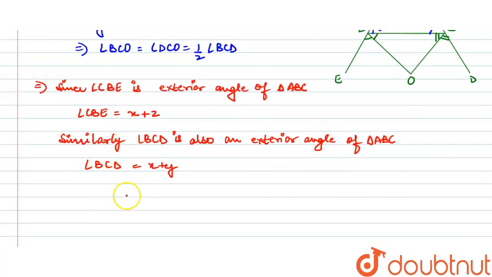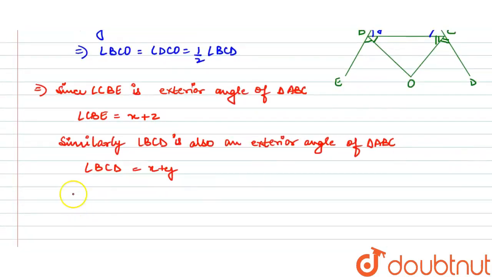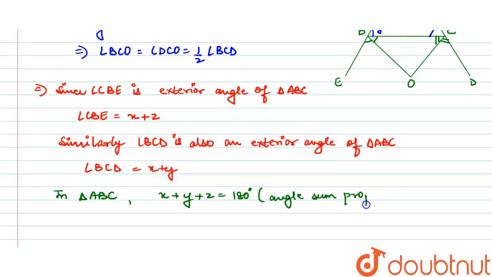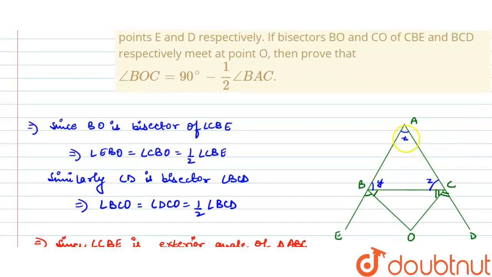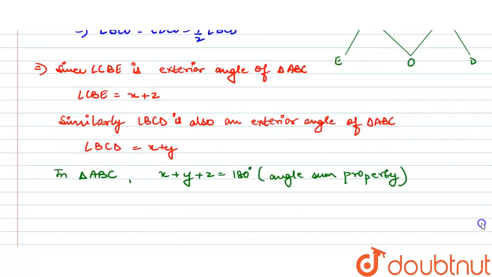Now one more thing before we move on. In triangle ABC, according to the angle sum property, X plus Y plus Z will be equal to 180 degrees. The sum of interior angles of a triangle is equal to 180 degrees. So X plus Y plus Z is equal to 180 degrees.